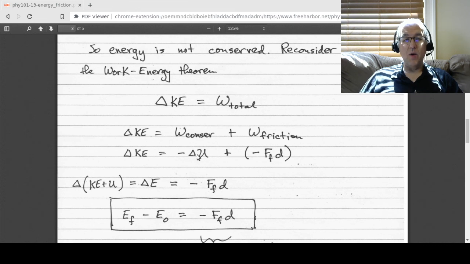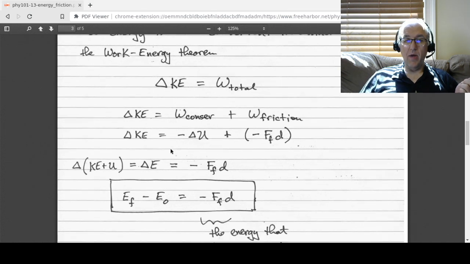Now what? Well, we can take that delta U and bring it to the other side the way we did before. Then on the left-hand side, you'd have your delta, including both K and U. In other words, both the kinetic energy and the potential energy. And the kinetic and the potential energy together is your total energy. So on the left-hand side, you have the change in the total energy, and that's going to equal the work due to friction.